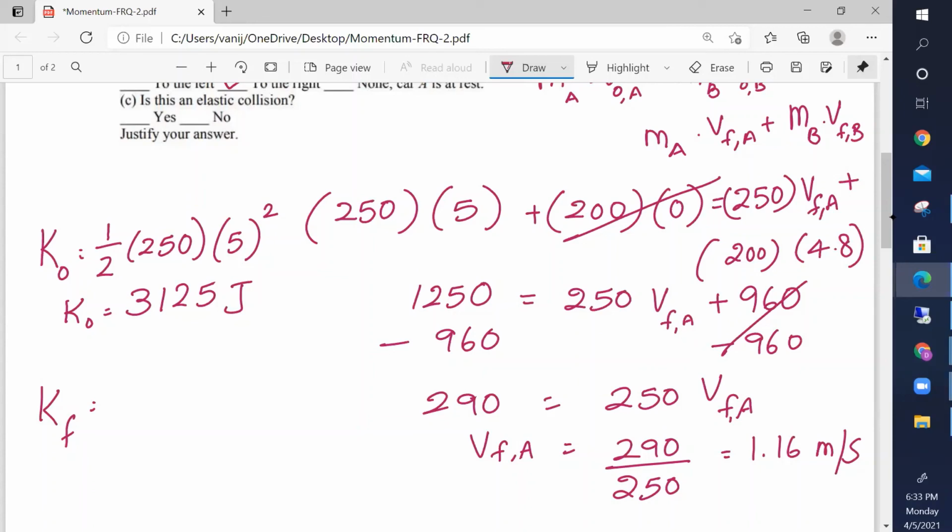Now I'm going to find the kinetic energy after collision. That is going to be the sum of the two kinetic energies, for both the cars, right?